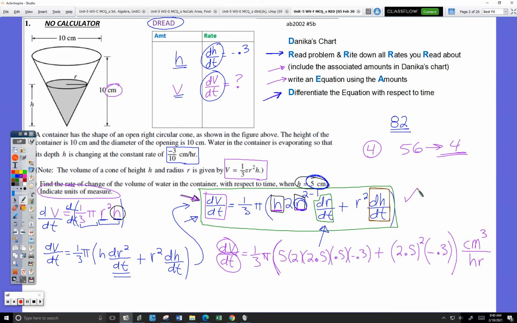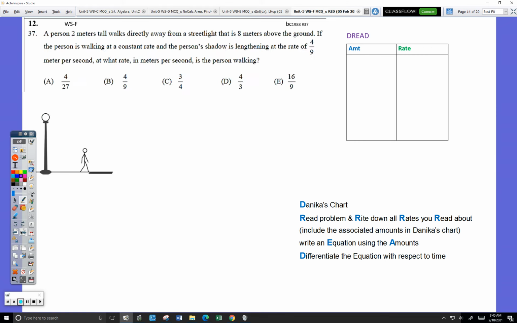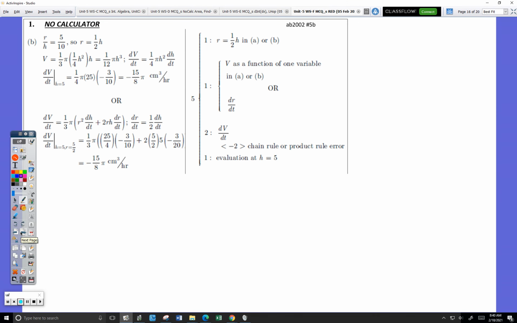With respect to time means how is the volume changing in comparison to time? And like we cheat and look in the back at the answers, we find that if you work it all out, you get this value.